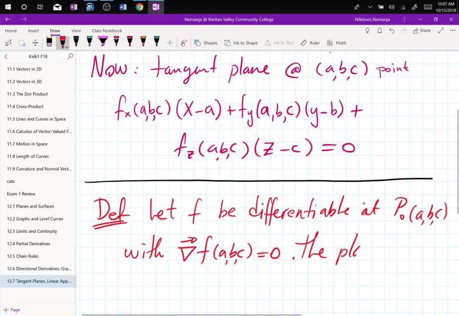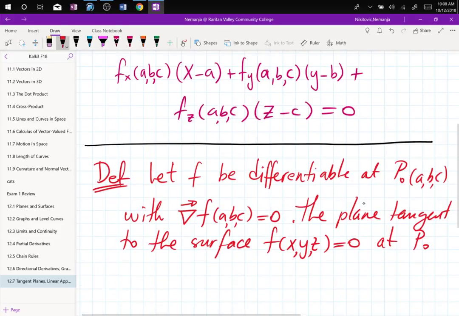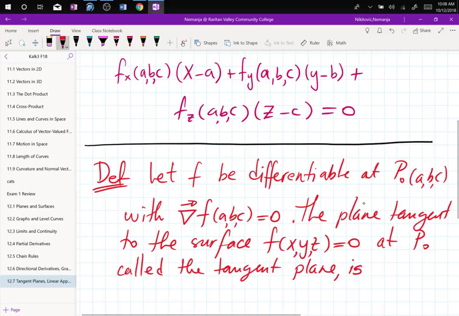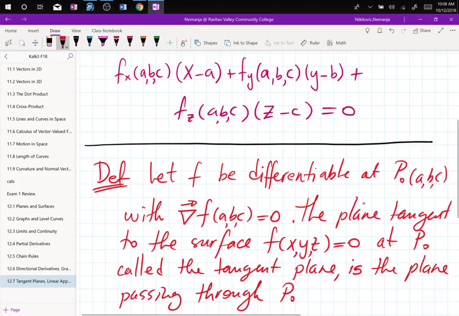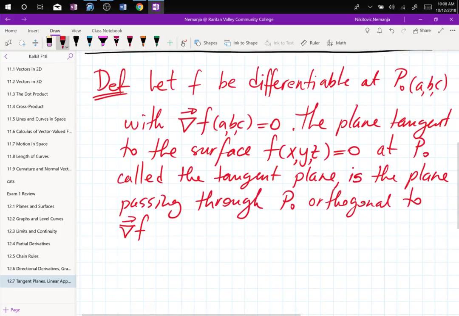So the plane tangent to the surface f(x,y,z) equal to 0 at P0, called the tangent plane, is the plane passing through P0, orthogonal to del f at a, b, c.